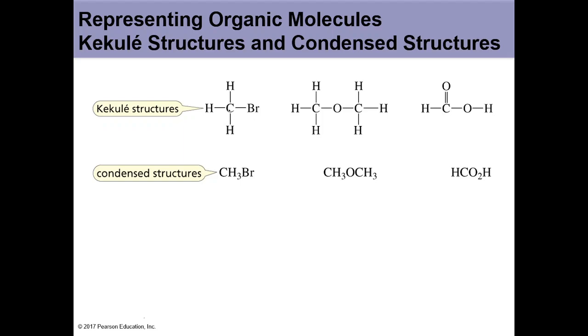So for example, this carbon has 4 bonds here, so it doesn't have any lone pairs. It's a neutral carbon. If you want to see more detail about this kind of information, you can review the first 2 videos in this chapter. The bromine here, you can see, has only 1 bond. Even without showing, we would assume everybody understands that there are actually 3 lone pairs around this bromine.